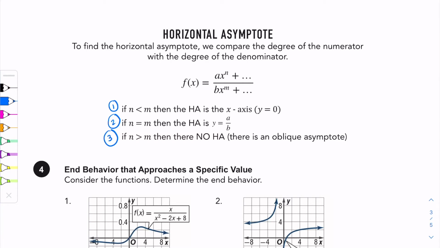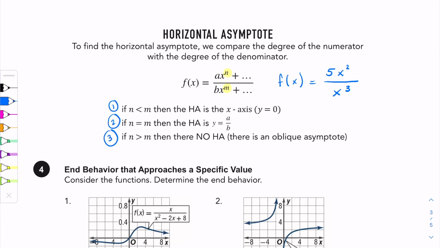And for all 3 cases, you're looking at the degree of the numerator and the degree of the denominator. I labeled the degree of the numerator in this notation as n and the denominator exponent as m. But if I give you an actual example, let's use an example of f of x is equal to 5x squared over x cubed.